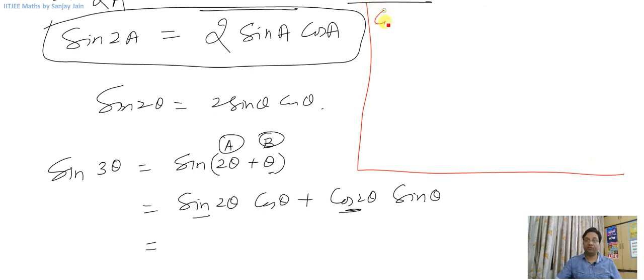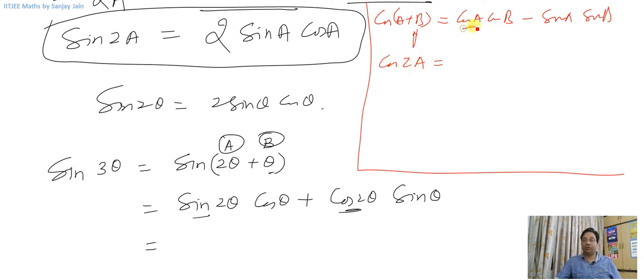For that, you know cos of a plus b. What is cos of a plus b? Cos a cos b minus sine a sine b. Now if I replace this b with a, it will become cos 2a, and it is equal to cos square a minus sine square a.